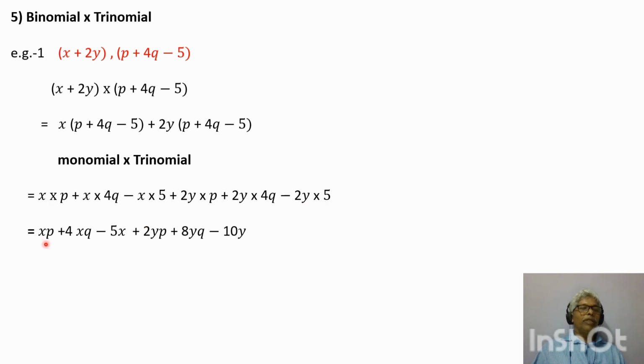Now it is very simple: xp plus 4xq minus 5x plus 2yp plus 8yq minus 10y. Okay, so this is that.